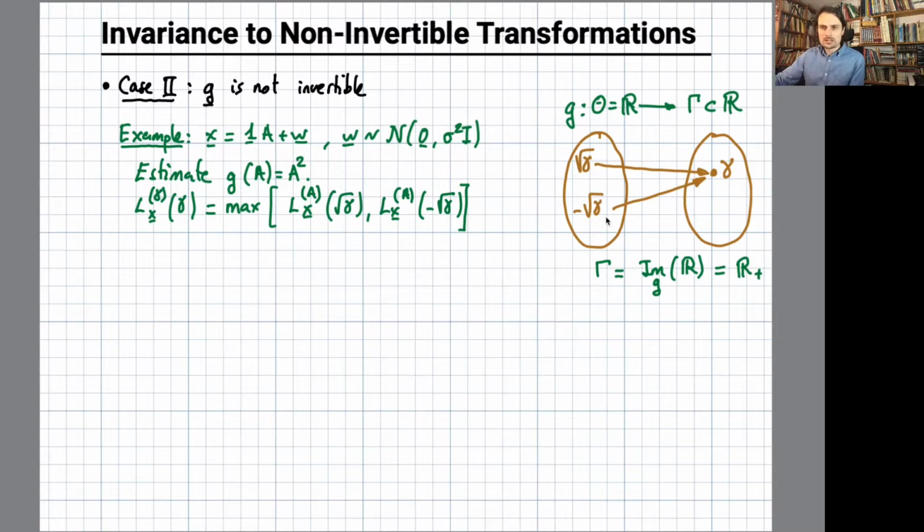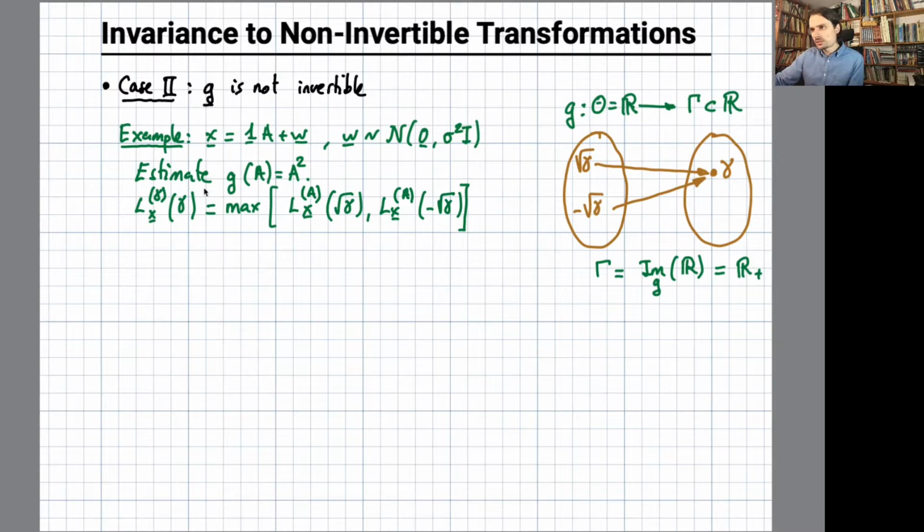But that would create mathematical problems, right? For example, it may happen that infinitely many values of the parameter are mapped into the same gamma. And if we sum infinitely many numbers that can be in general positive, we may end up with an infinite likelihood, and that would prevent us from obtaining the maximum likelihood estimator, right?